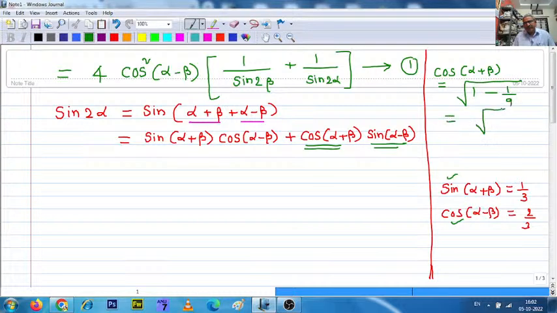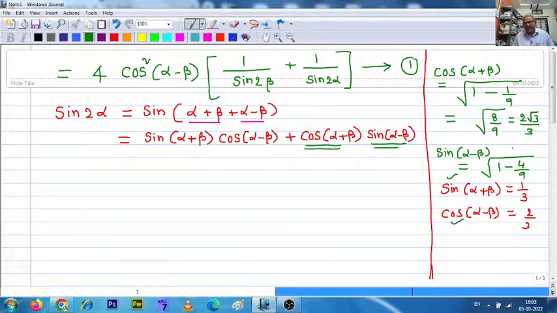Obviously this will be square root of 8 by 9, 4 into 2, that is 2 root 2 by 3. I hope it's very clear to you. In similar lines, here we can find out sin alpha minus beta also. Sin of alpha minus beta equals square root of 1 minus cos square alpha minus beta, that is 4 by 9.